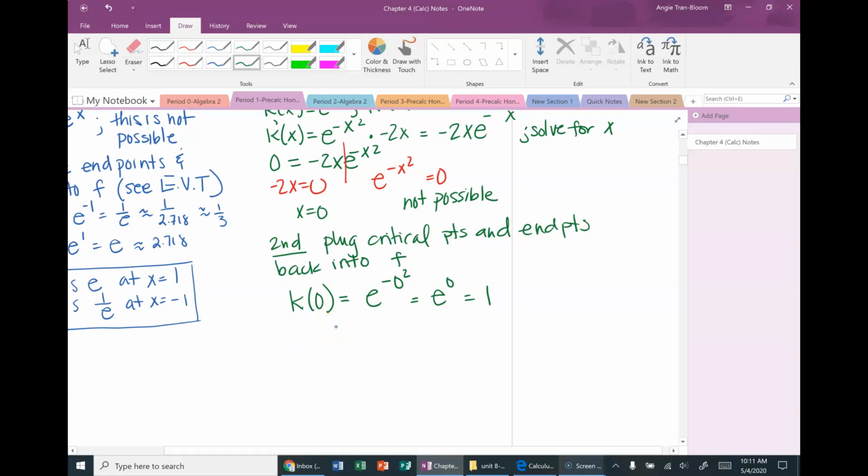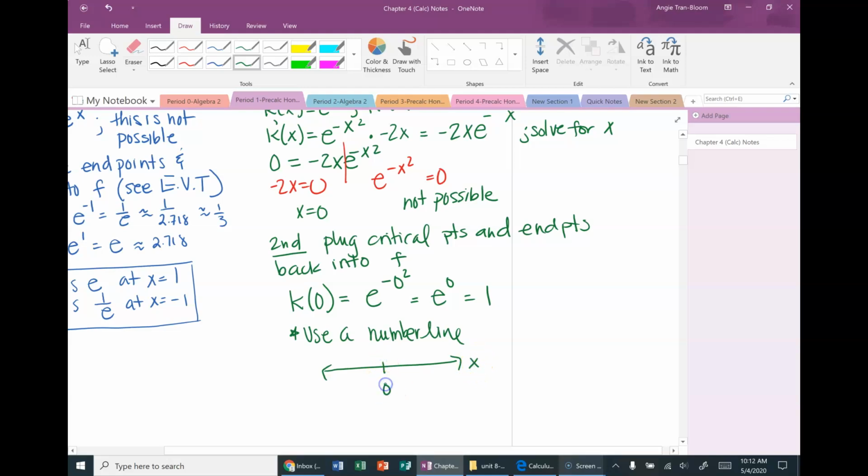Since there's no endpoint and we are unsure what k of 0 equals 1 is, right? We're not sure. Is it a min? Is it a max? I'm going to use a number line to see if at x equals 0, it's the highest of the highest or the lowest of the lowest. So here's x.